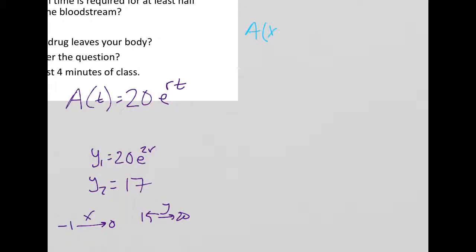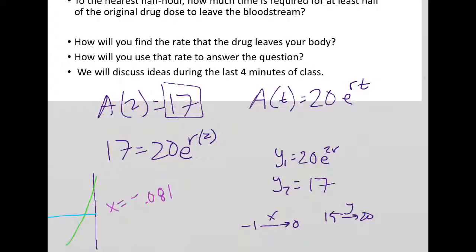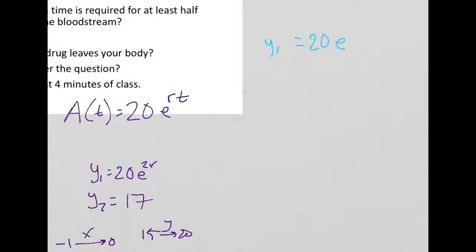A of x equals 20. And I'm not even going to say A of x. I'm going to say, go ahead and write it as y1 equals, because we are entering this into our calculator, 20 times e to the power of the rate we just found, which was -0.081, -0.081 times x.